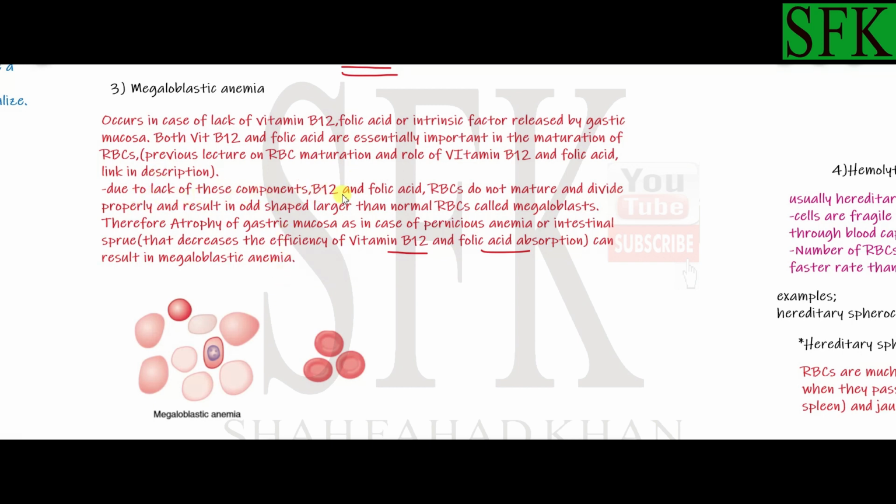Due to lack of vitamin B12 and folic acid, RBCs do not mature and divide properly, since these are the two components needed for the formation of the DNA component thymidine triphosphate. As a result, they form odd-shaped, larger than normal red blood cells called megaloblasts.